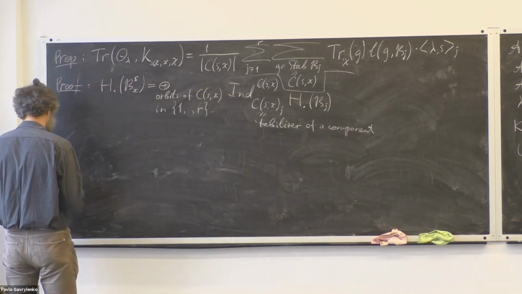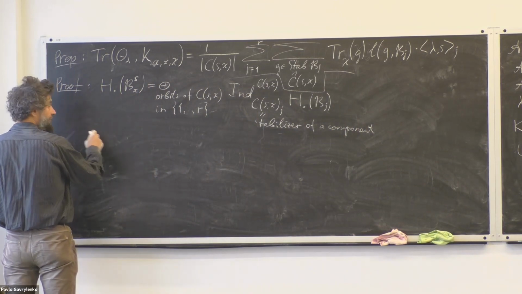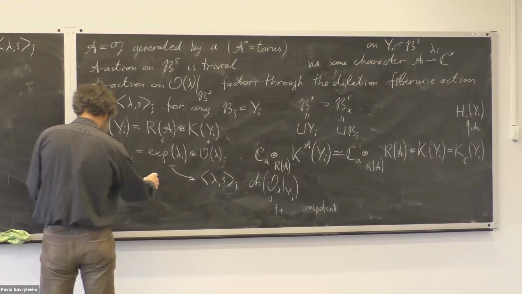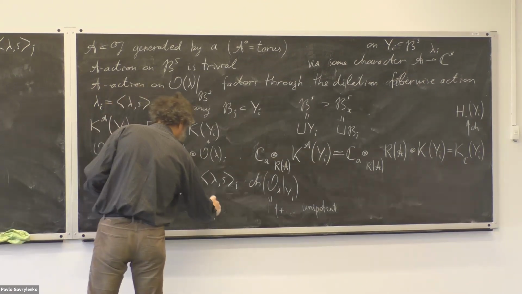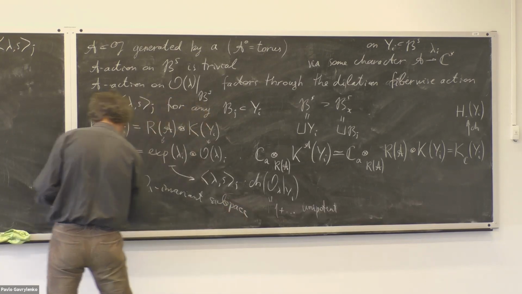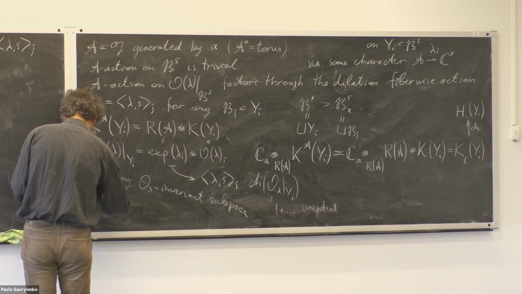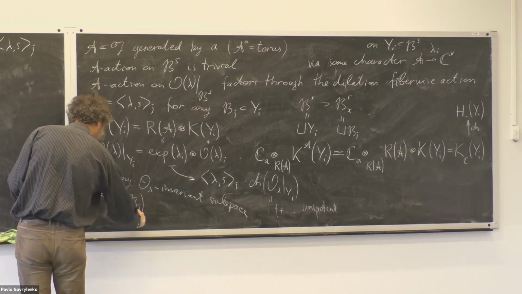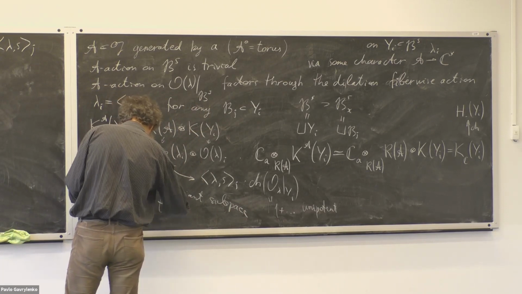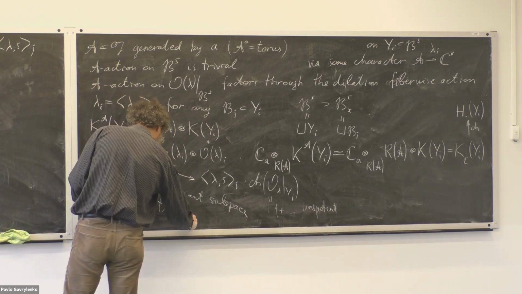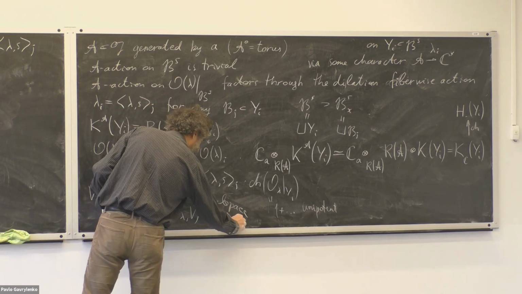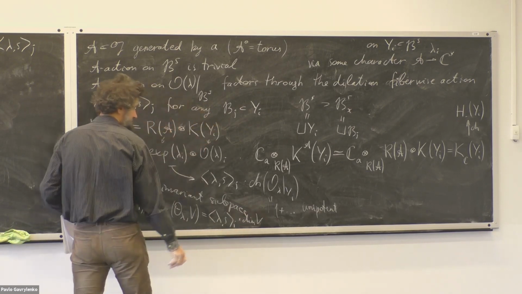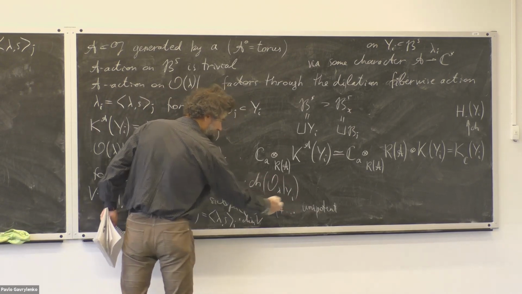Okay, so from here we see that for any theta_lambda invariant subspace V in the homology of a connected component, the trace of theta_lambda on this space is just this pairing times the dimension of V, just because the Chern character is unipotent.